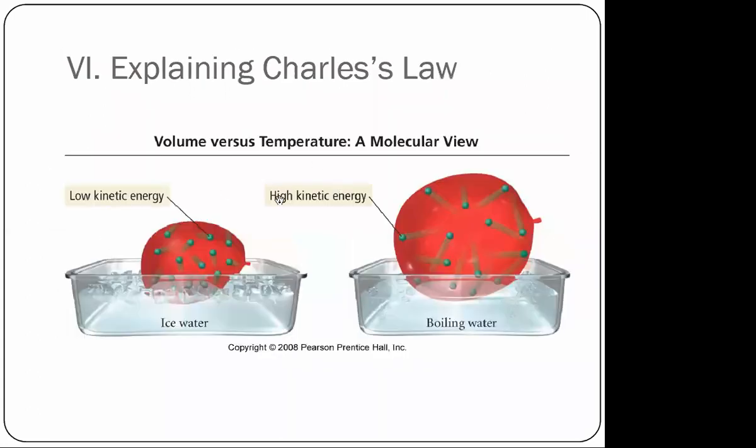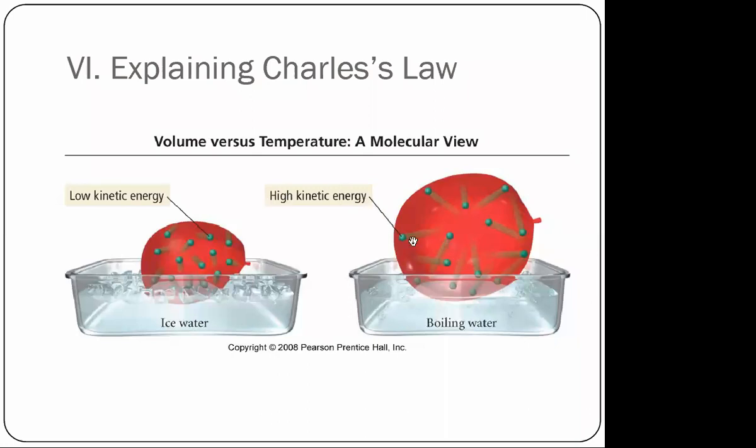Now, the principle is that you have low kinetic energy at low temperature, and the low kinetic energy makes the volume smaller. But when you increase the temperature, there will be an increase in average kinetic energy.